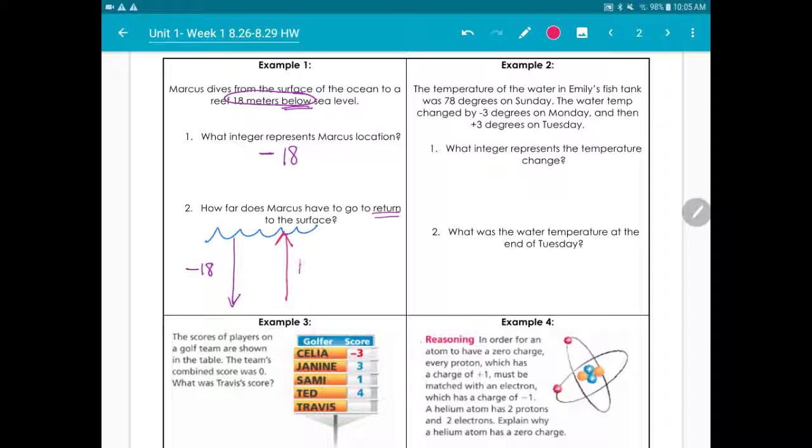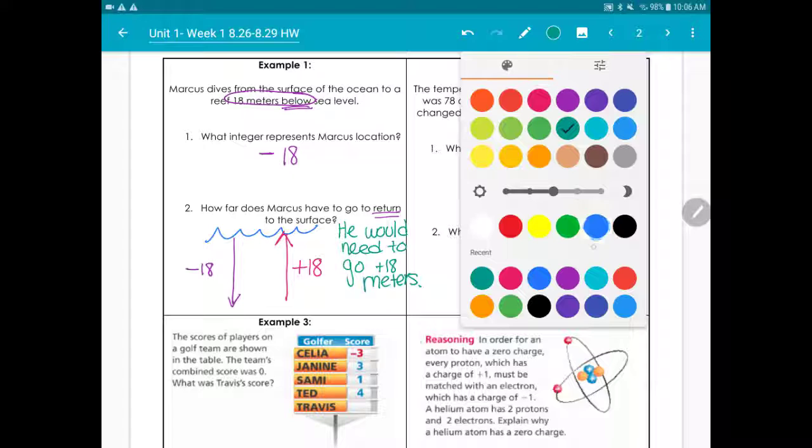He would need to go back a full 18 to get back to where he started. So let's put that in a complete sentence. Great.